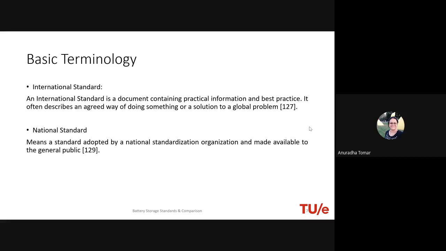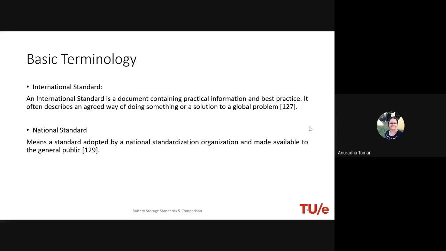Why are we calling it an agreed way? Because once the standard is developed, it is open for public comment, in the public domain. So if you feel that a specification or particular criterion is not mentioned, is not as per the mark, or some refinement is required, then one can raise the point, and the committee can have a discussion.